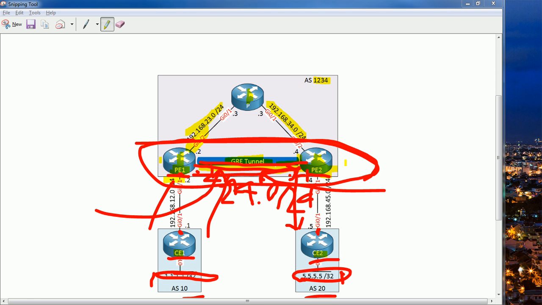What does multi-protocol label switching mean? Multi-protocol is like internal, pretty much everything: IP, IPv6, Ethernet, point-to-point, frame relay, etc. And label switching means the forwarding decision is based on labels, not the routing table.